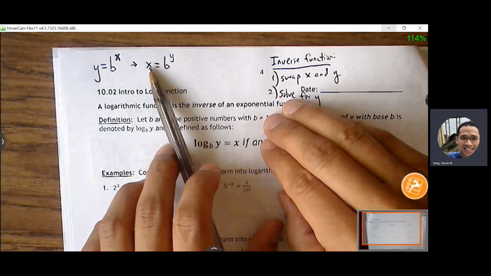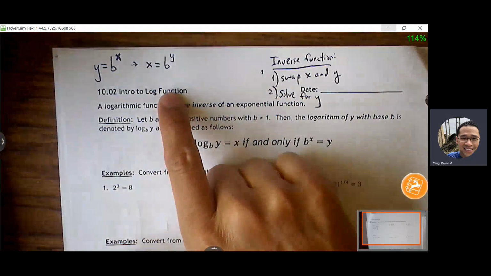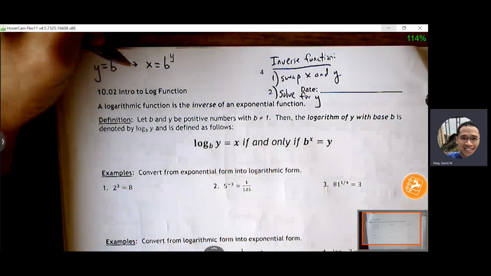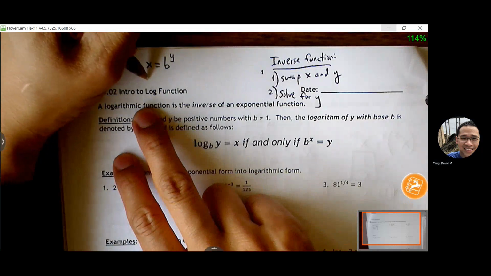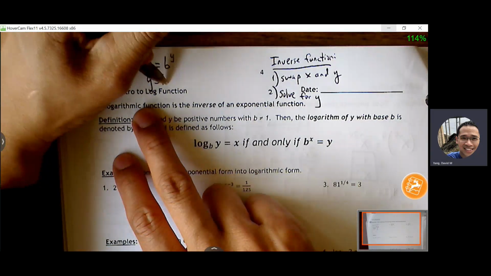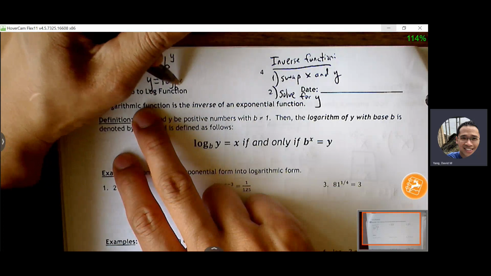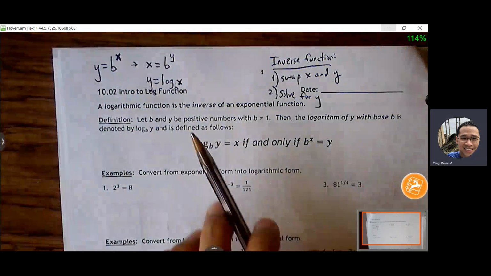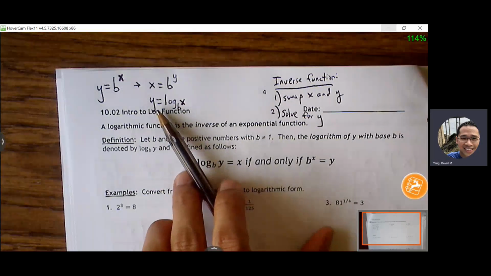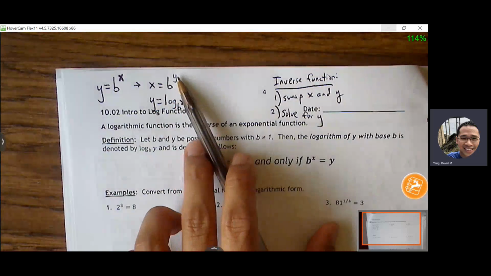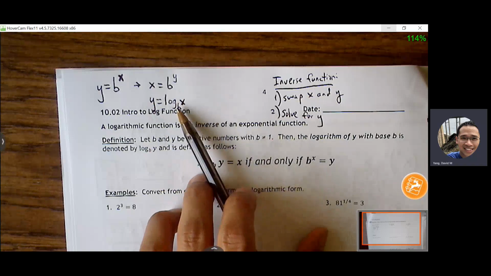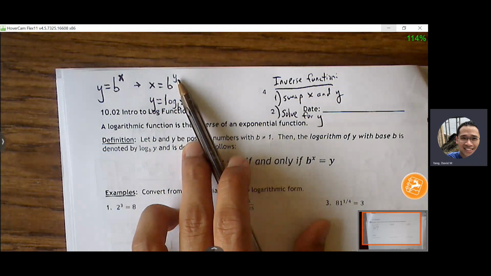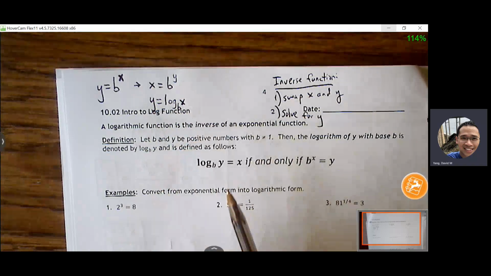The way we bring the y down is we use something called log functions. Log and exponentials are inverses of each other. So it looks like this: y equals log base b of x. The special thing about logs is that it allows us to bring an exponent down to a place where it's easier to work with rather than stuck up here as an exponent.